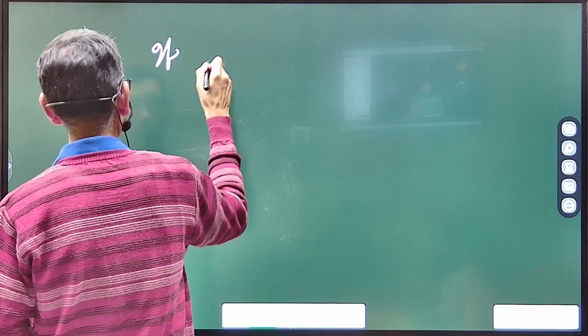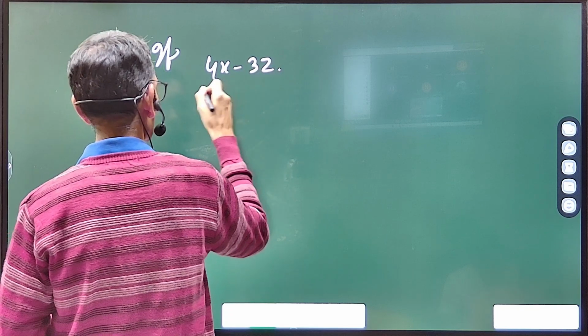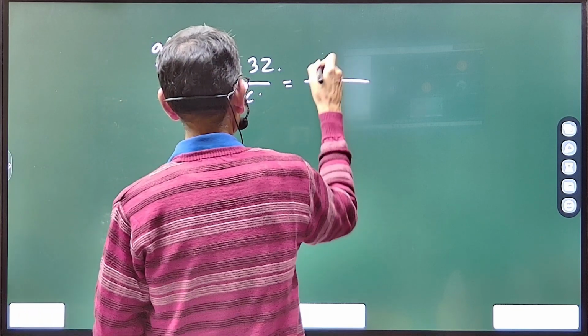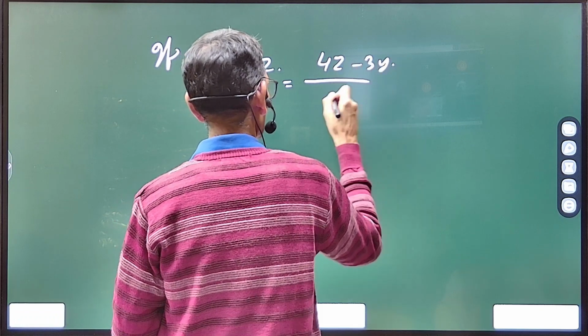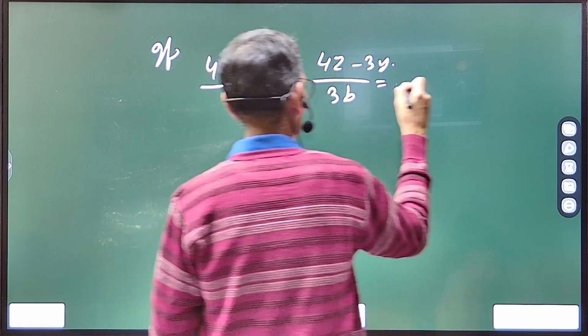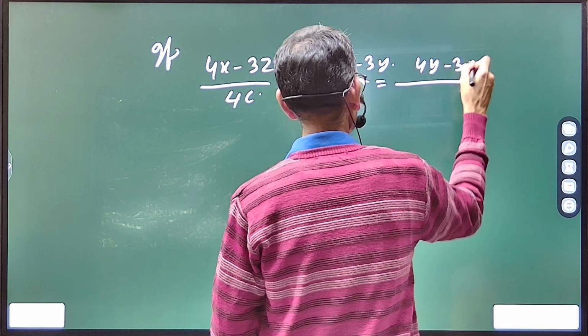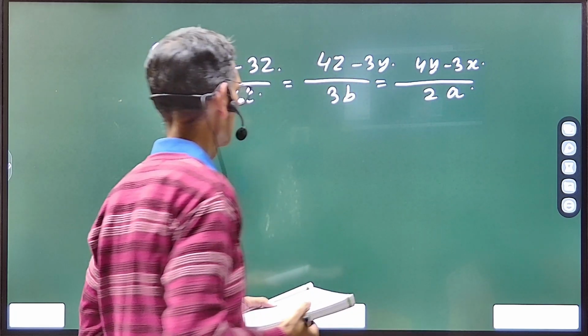If (4x minus 3z) by 4c is equal to (4z minus 3y) by 3b, is equal to (4y minus 3x) by twice a. This is given.